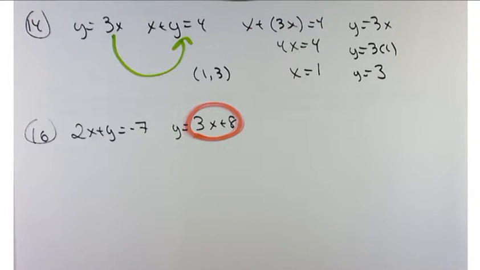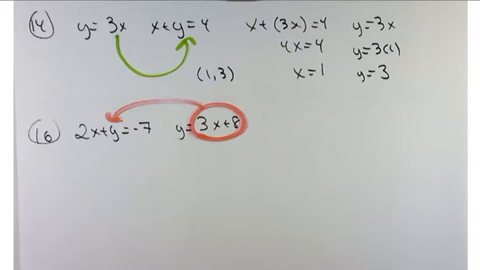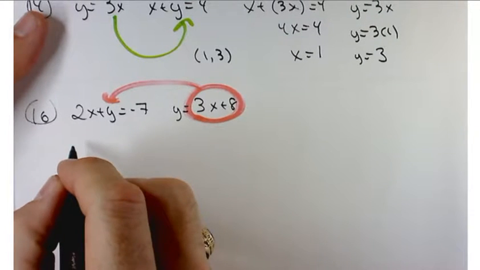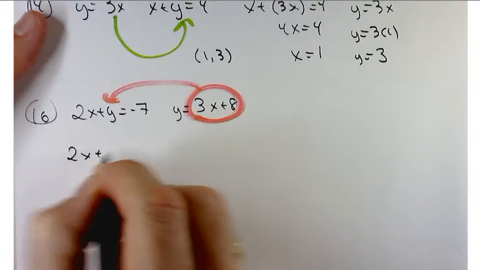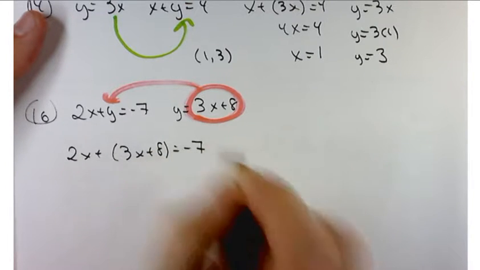I can take this expression for y and plug it in over here. So let's do that and see what happens. So I get 2x plus 3x plus 8 equals negative 7.